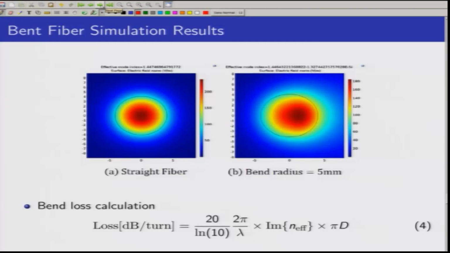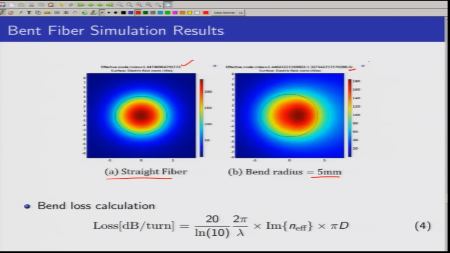In figure A, as we have seen in the earlier case as well, we have a mode confined in the core for a straight fiber where the effective index is purely real and there is no radiation happening outside the core. But when we apply the conformal mapping technique that we have discussed and do the similar procedure for a bend radius of 5 mm, we observe there is a shift in the mode towards the cladding, that is, the mode is radiating away from the core to the cladding, because of which we have an imaginary part to the effective index.